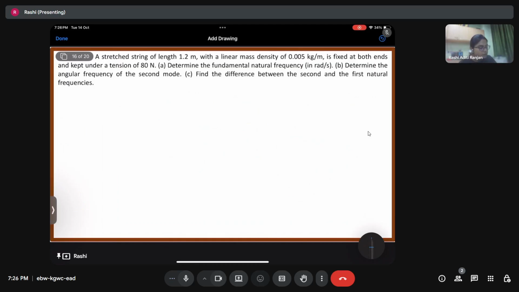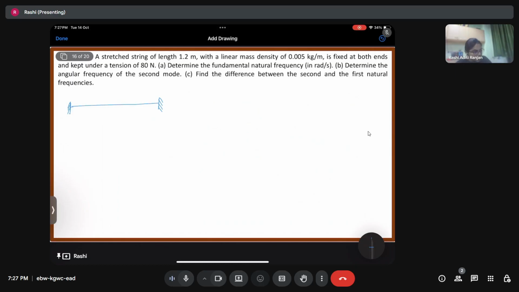The only difference is that the previous question was about a cantilever beam and this question is about a string. Okay. So if you remember, for a string, we have basically a thin string, which is fixed from both the ends after 80 Newton of tension is applied on it.